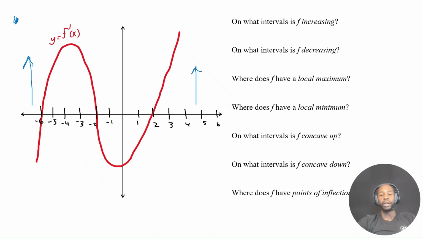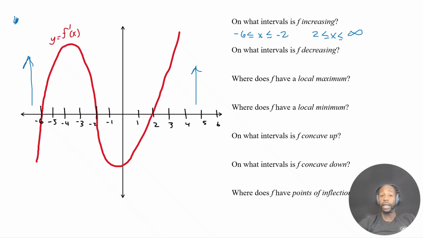So based on what we see with the first derivative here, the function is increasing in the following intervals. It's increasing between -6 and -2, and it's also increasing for x between 2 and infinity.